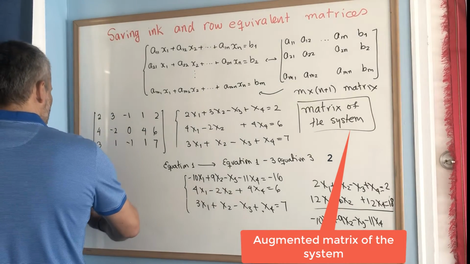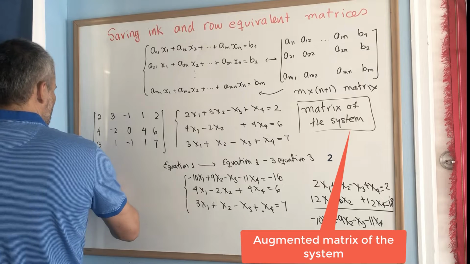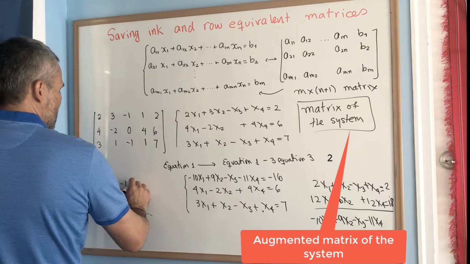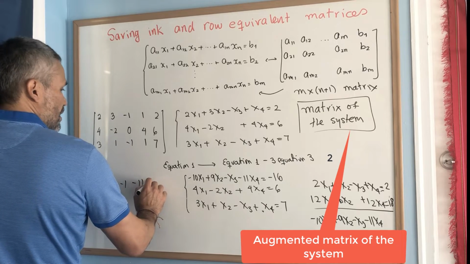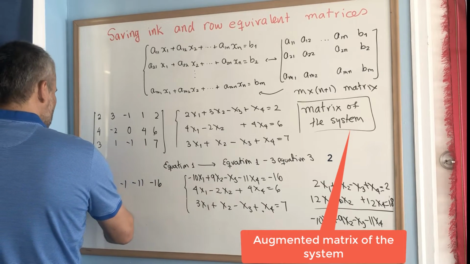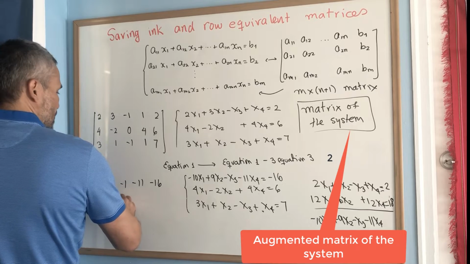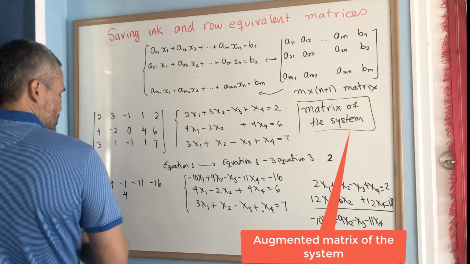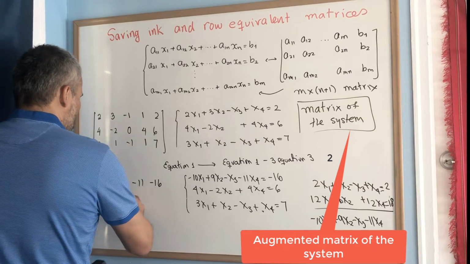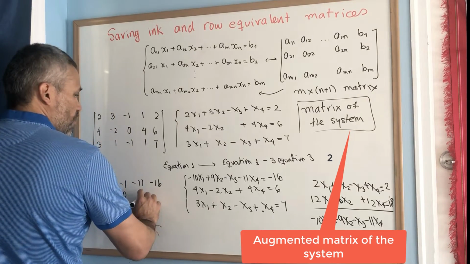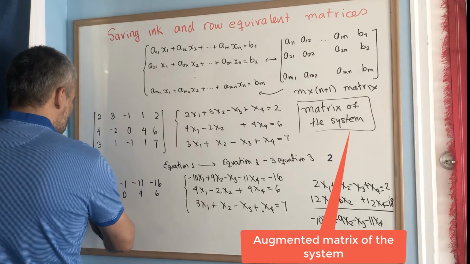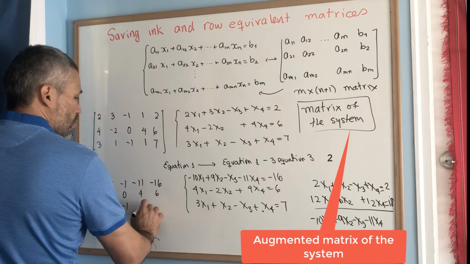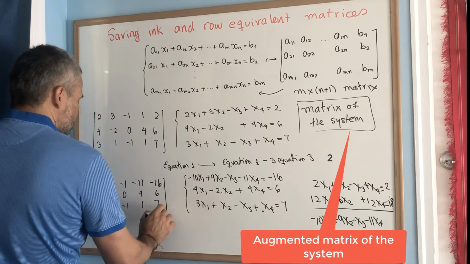And the matrix of the new system would be -10, 9, -1, -11, -16; 4, -2, 0, 4, 6; 3, 1, -1, 1, 7.